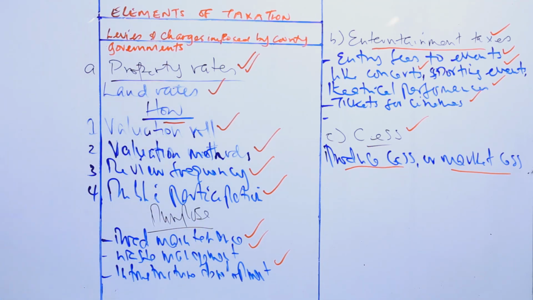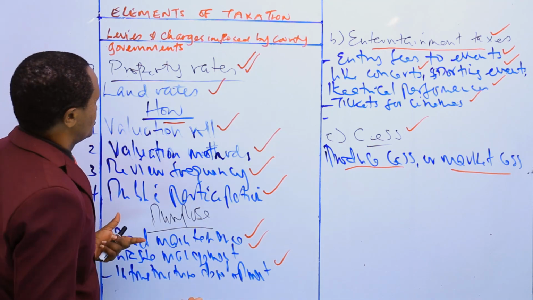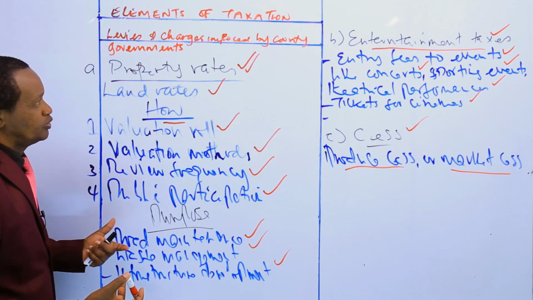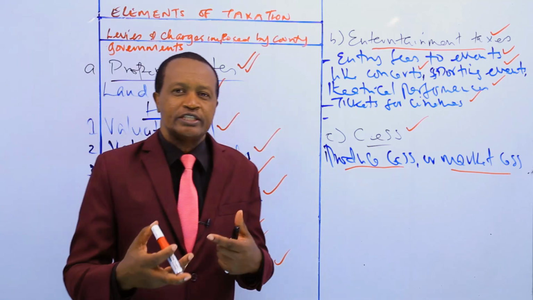While they are essential for decentralization and service delivery, issues of transparency, consistency and avoidance of double taxation remain ongoing areas of focus for policy and legal reforms. So that's all for today's lesson on levies and charges imposed by county governments.